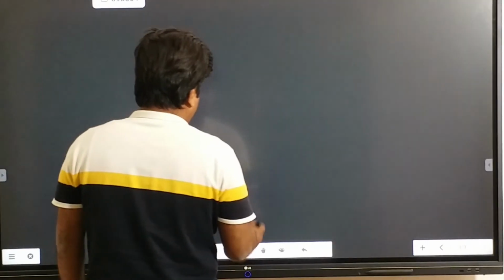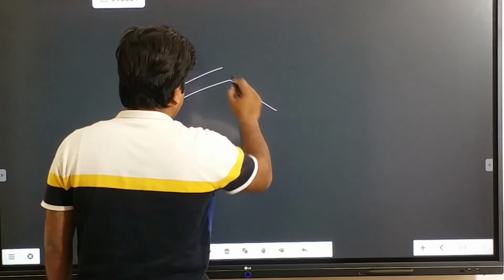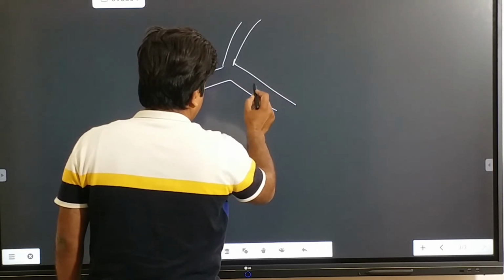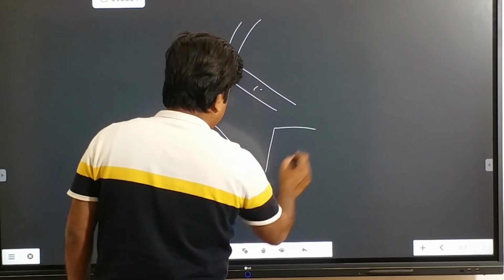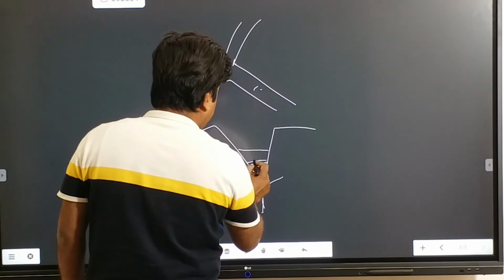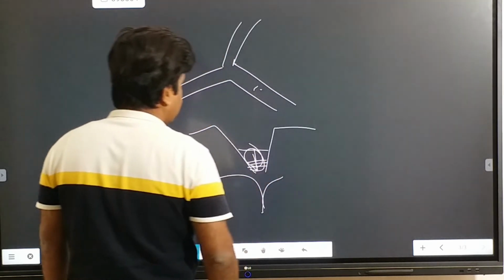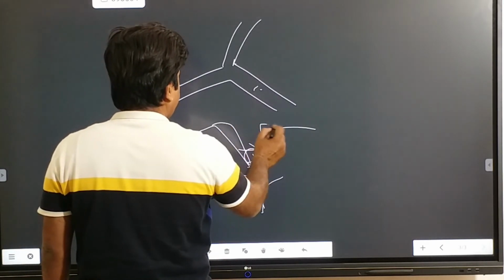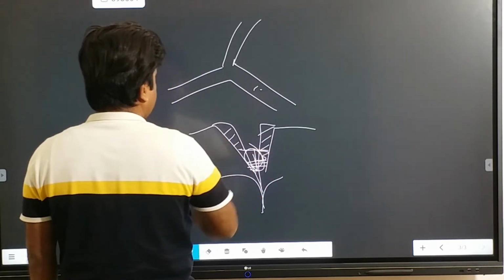Like for example, once the fracture has been formed in three different directions, then this faulting will take place. This fault will subside, and then interplate thinning will take place. Then this fault will subside, the whole block will be consumed, and the magma will start coming from beneath. That's how the construction of the plate will start.